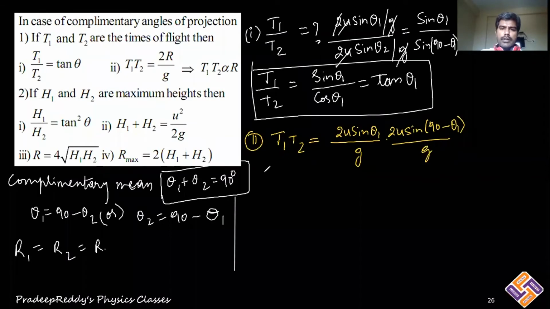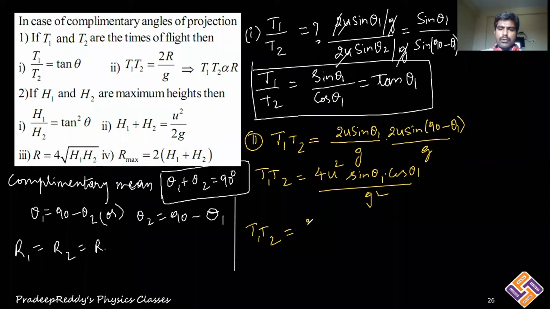Okay, so you can write T1 T2 is equal to 2 into 2, 4 u square into sine theta 1, sine 90 minus theta 1 is cos, that gives you sine theta 1 into cos theta 1 divided by g square. So T1 T2 is equal to 2 u square divided by g into 2 sine theta 1 into cos theta 1 divided by g.